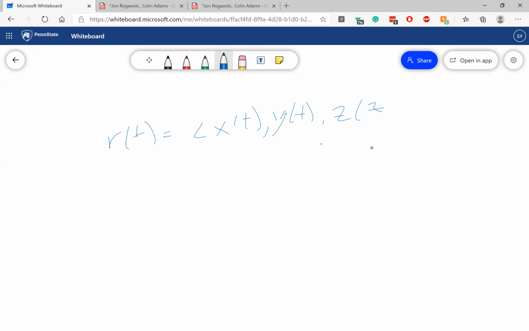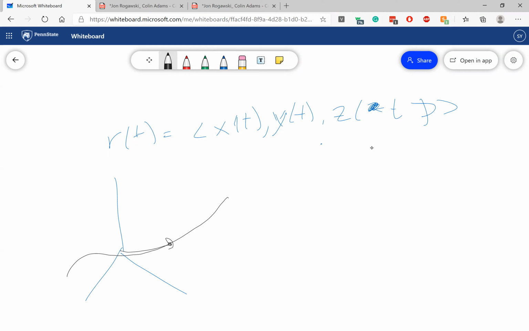And this is a curve in 3 dimensions. So maybe it looks something like this. For every point in the curve, if you look at that point, you're going to get r of t at that point.